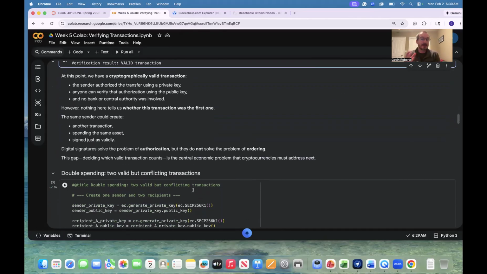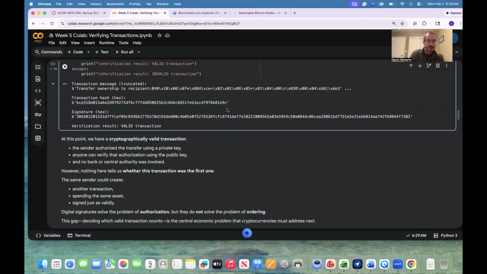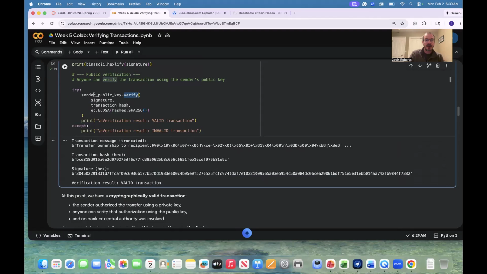So what we've done, basically, is we just redid what we did in the last lecture. We have a cryptographically valid transaction. The sender authorized the transfer using a private key by digitally signing the transaction. Anyone can verify that authorization using the public key, right? Because right here, all we needed is a public key verify function, and the public key is public to anybody.